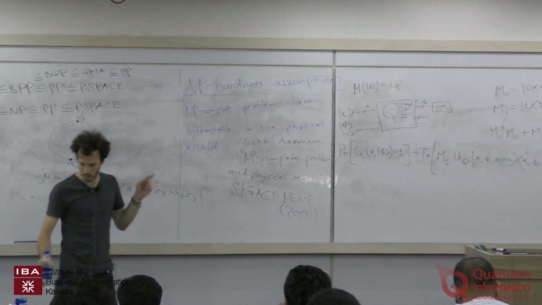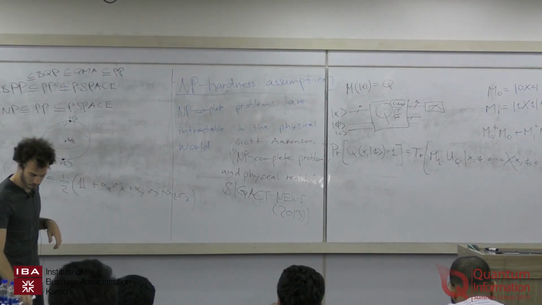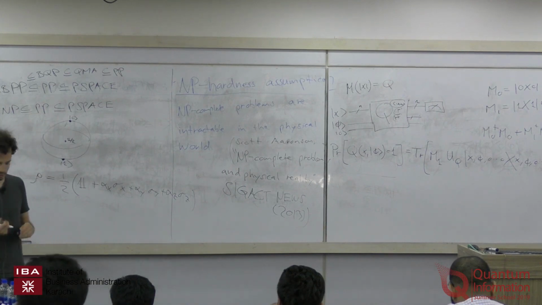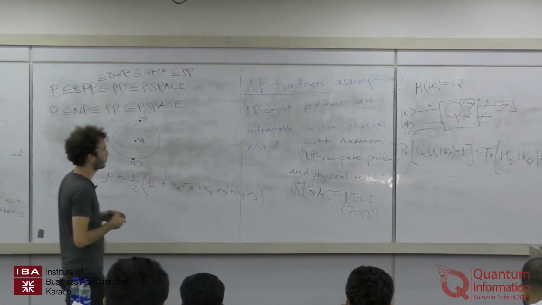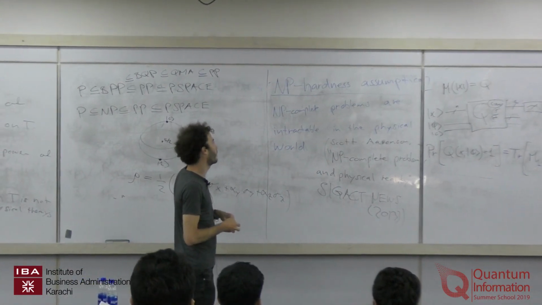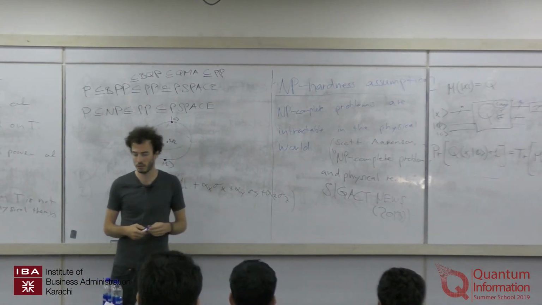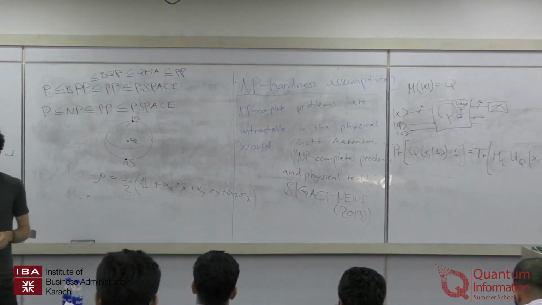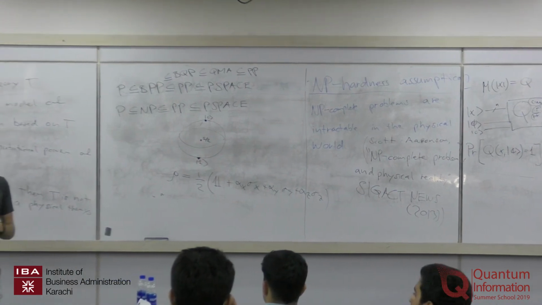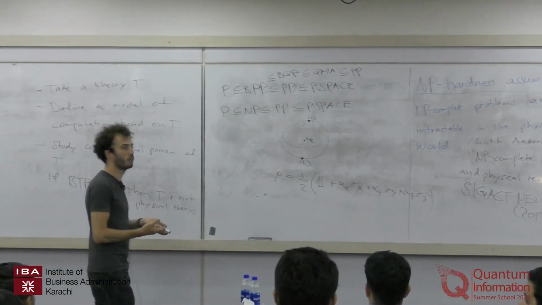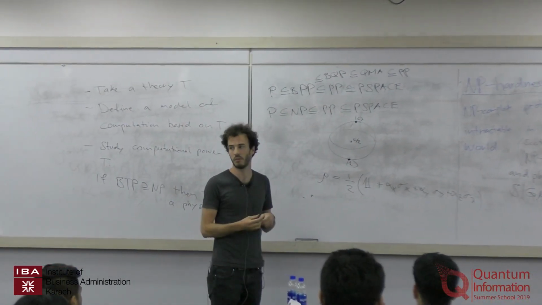This is something highly debatable, I think, and it's good that we talk about it. But one way maybe to see why we might dare to put such an assumption at all is that people have come up through the years with new models of computation, and they try to solve NP-complete problems efficiently with different models of computation.